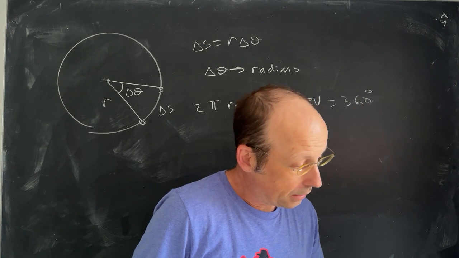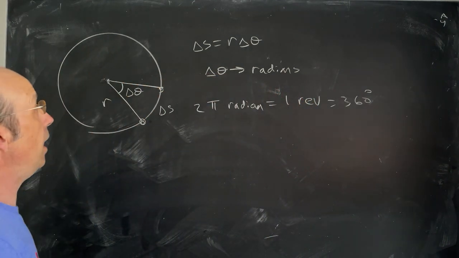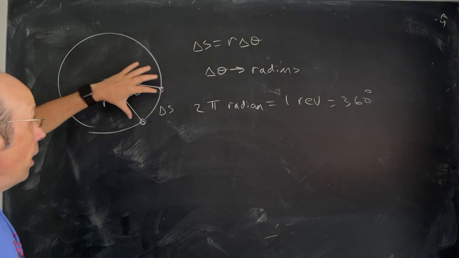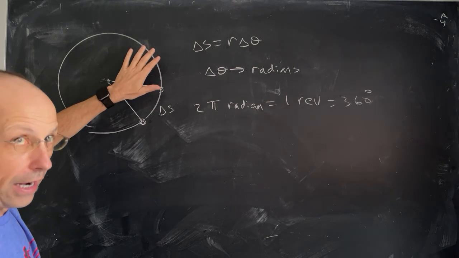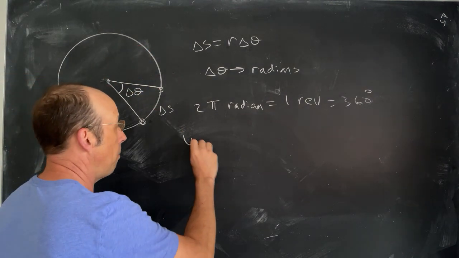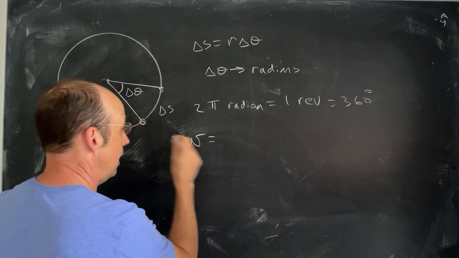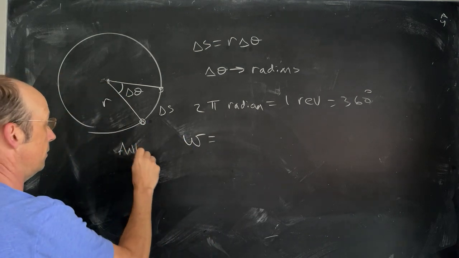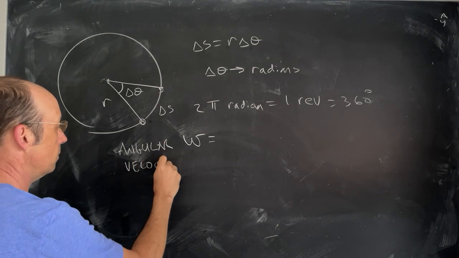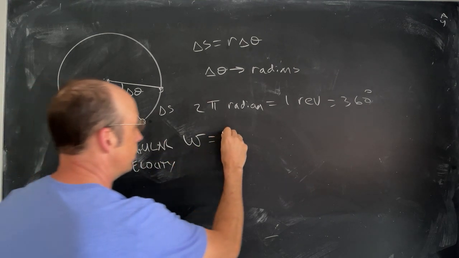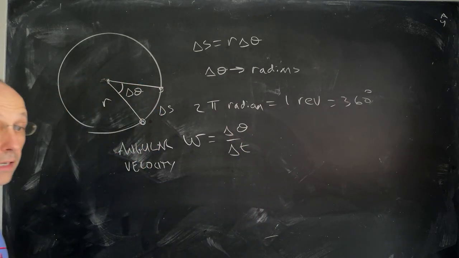Let's see, what did I put next? Okay, so we can define the rate. Suppose it's moving in a circle, we can define the rate that the angular value changes as omega. This is the lowercase Greek letter omega, and we call this angular velocity. It's defined as the rate of change of the angle, delta theta over delta t.